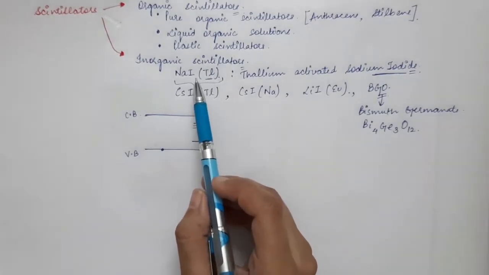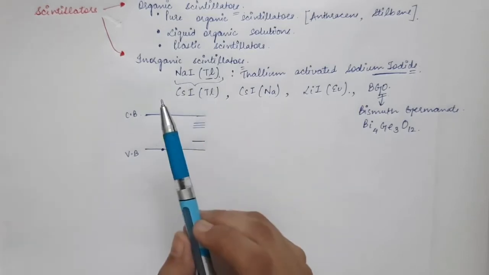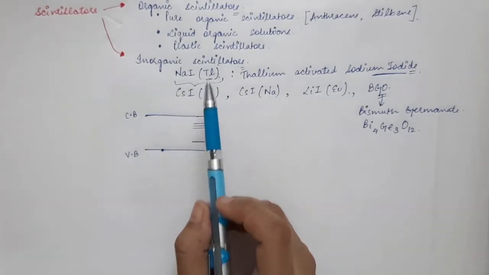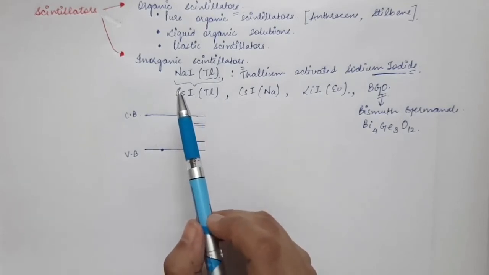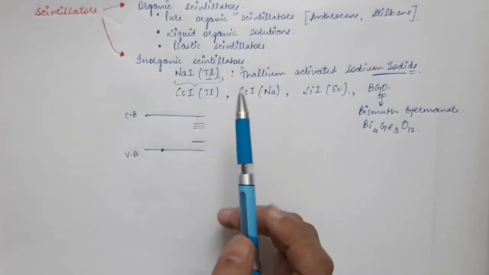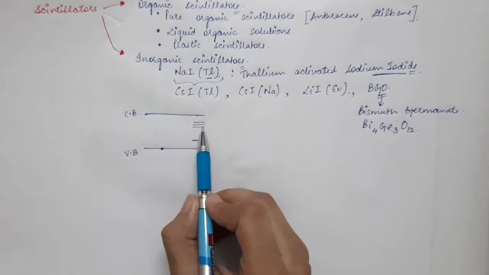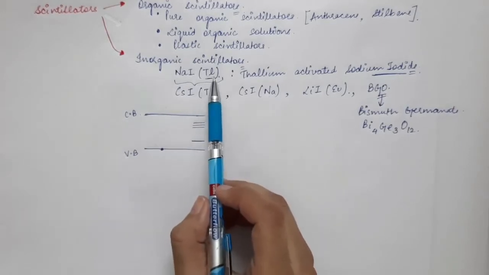So this is the impurity and this is called the activator, and scintillation is possible only because of this impurity which we have added to sodium iodide.